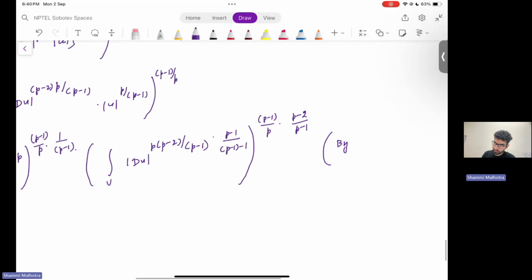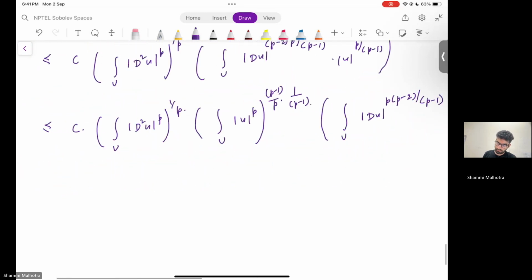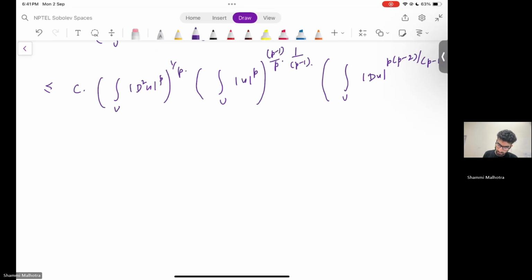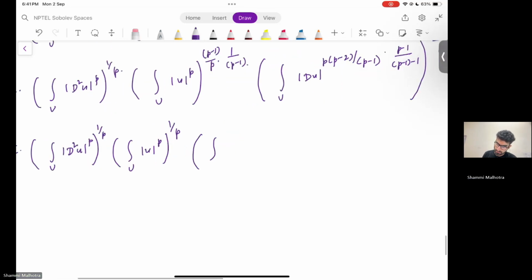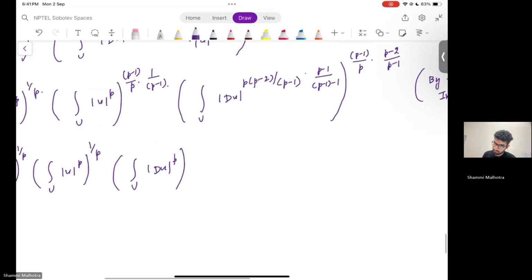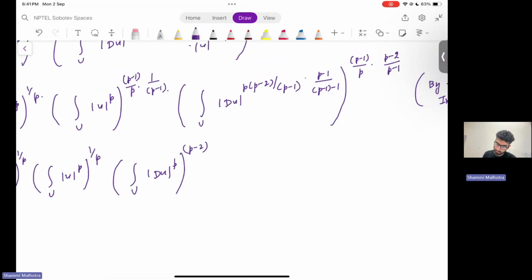Again, this is by Hölder inequality. This is less than or equal to c times, and this is again |u|^p whole to the power of 1 by p, and this is |Du| whole to the power of p only, but this is nothing but p minus 2 divided by p.